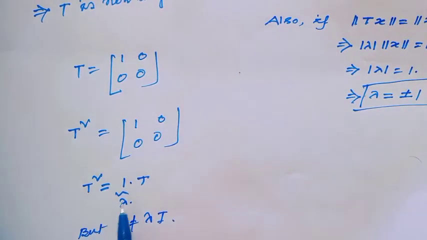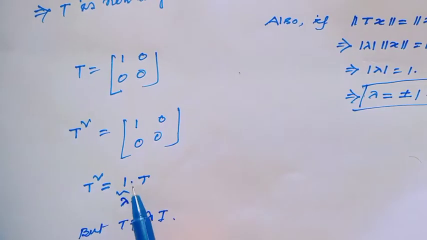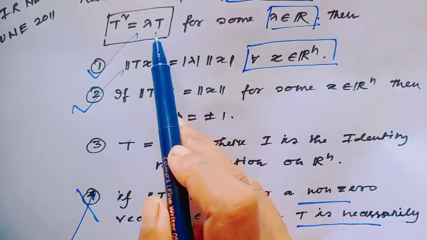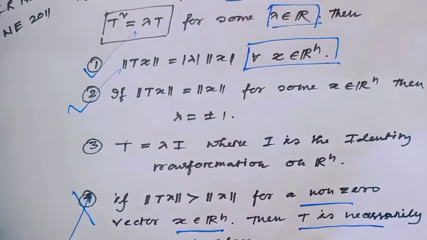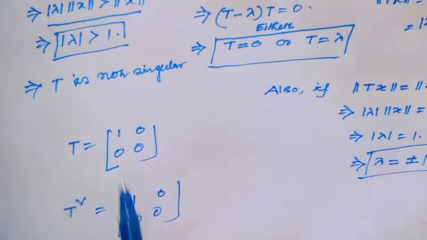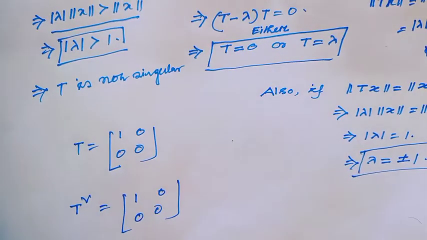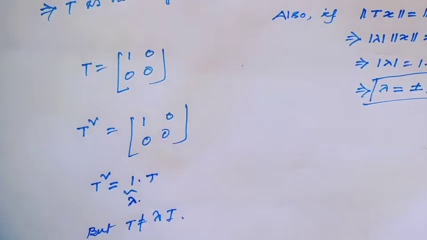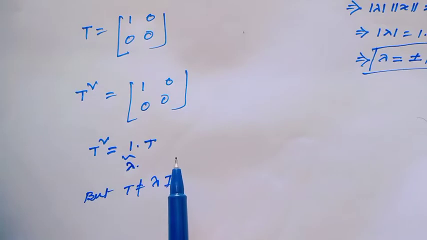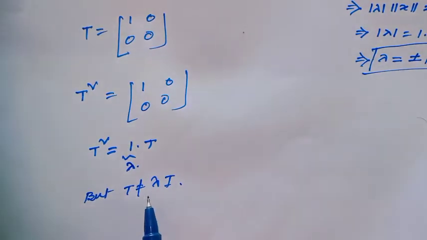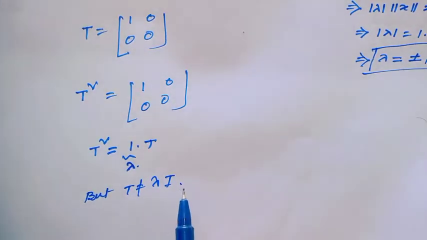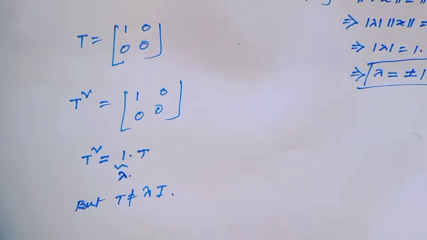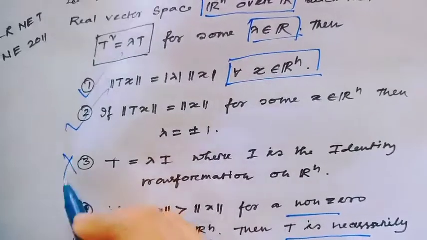That means T square equal to 1 times T, and here lambda equal to 1. That means this satisfies the relation. But notice here this matrix satisfies our given relation, but T not equal to lambda I. That means option 3 is also a wrong option.